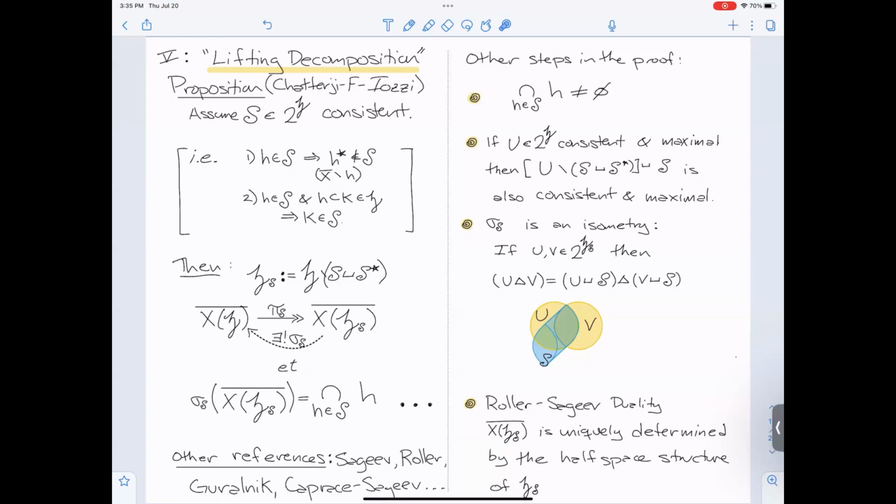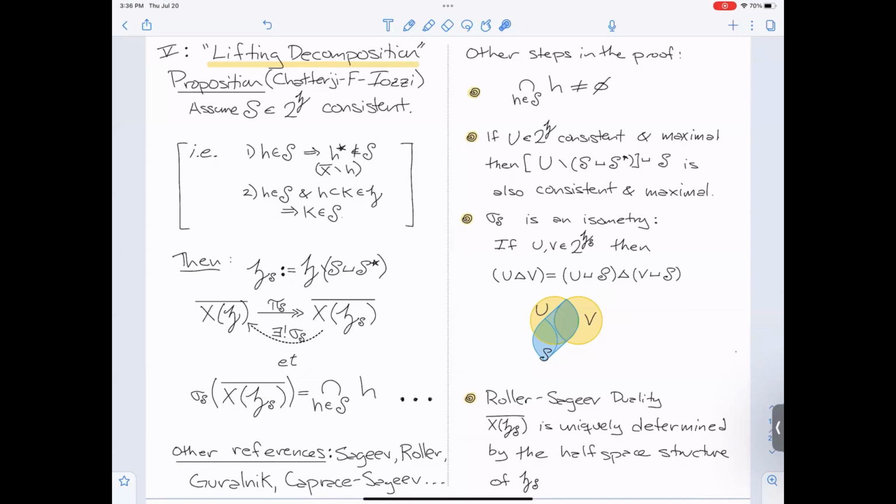It's something you have to check. And then the fact that it's an isometry is immediate, because if I start with these 2 sets, the distance between those 2 sets is the symmetric difference. And if I add my consistent set, then I'm going to remove it again when I look at the symmetric difference, and so I get the same cardinality.